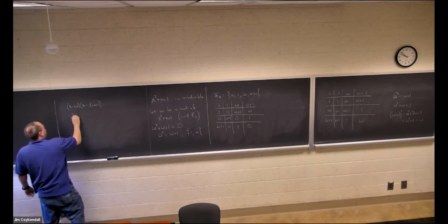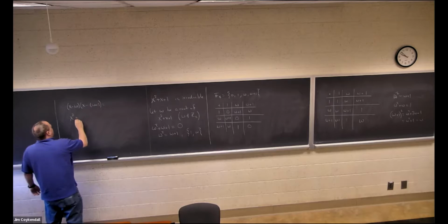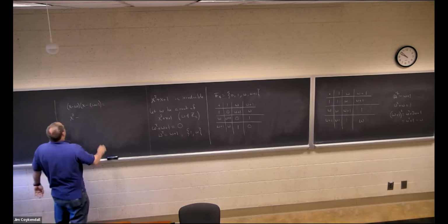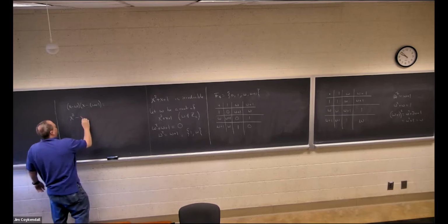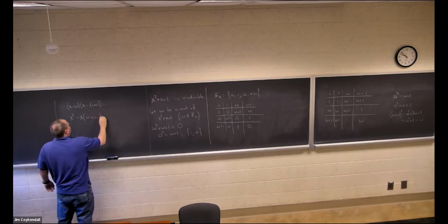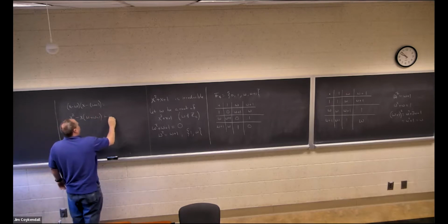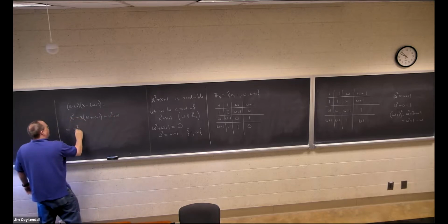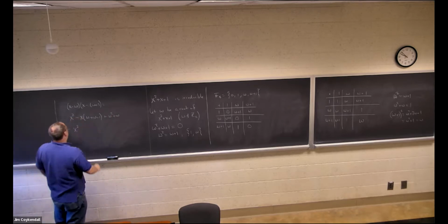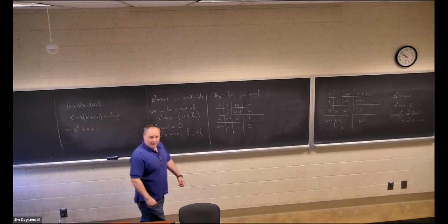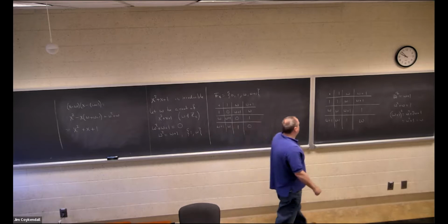This is X squared minus, and of course minus and plus are the same thing, X times omega plus 1. And reading my table, this is X squared plus X plus 1. Agree? Because omega plus omega plus 1.